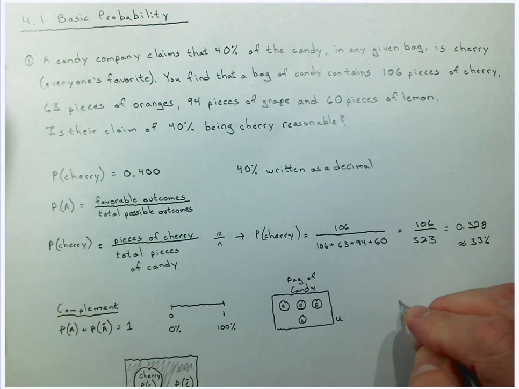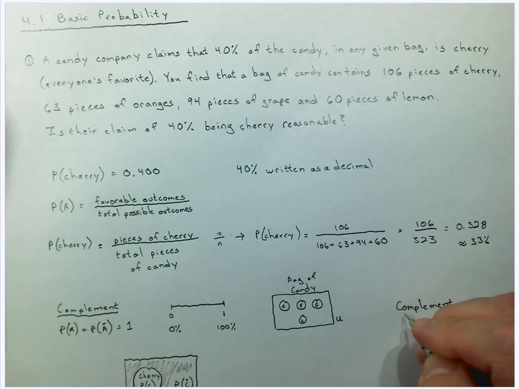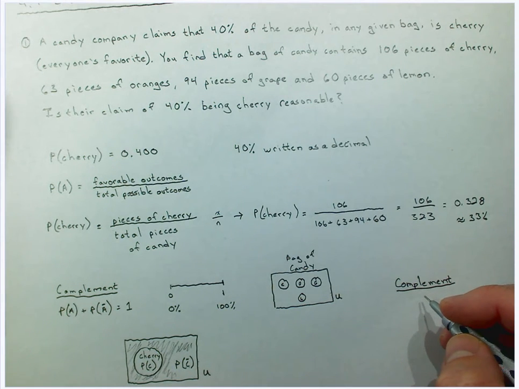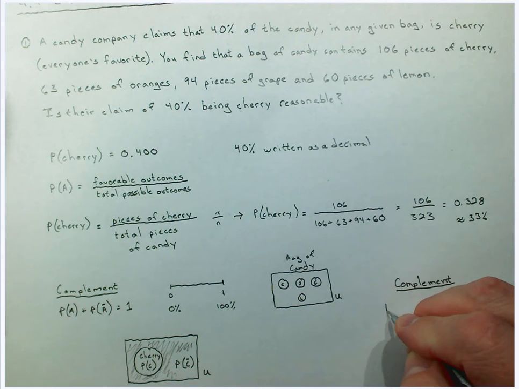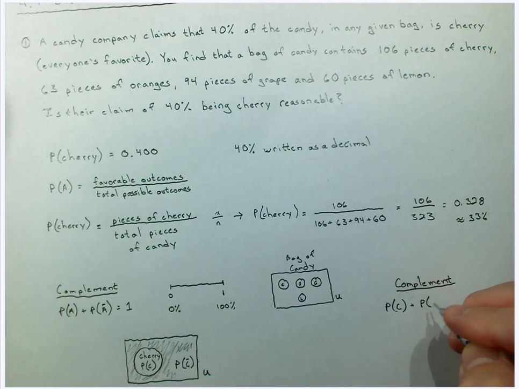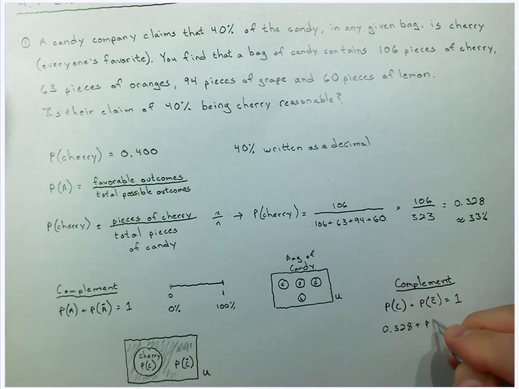So, looking at the complement for cherry, I'll write out the formula using C for cherry: the probability of cherry plus the probability of not being cherry is equal to 1. So I calculated my probability of cherry, 0.328, plus whatever's not cherry.